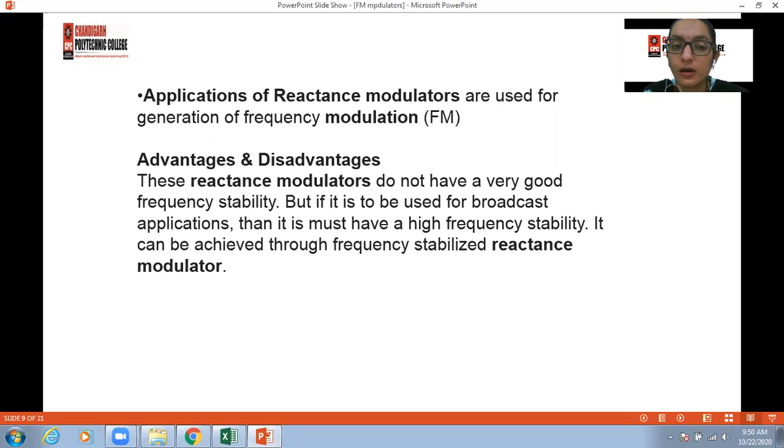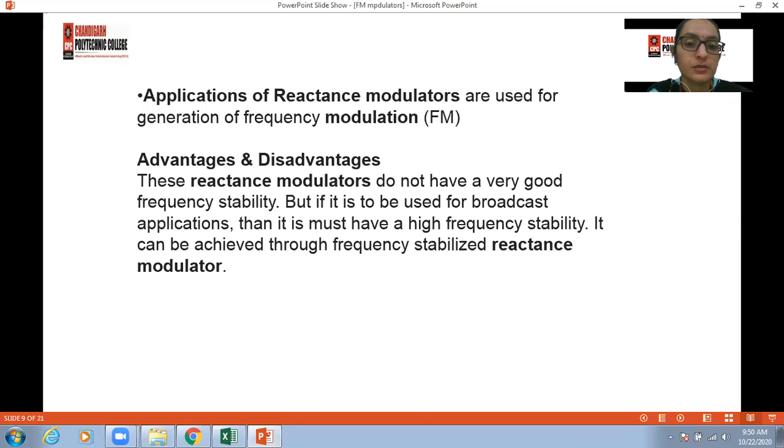A disadvantage is that it does not have good frequency stability, but if it is to be used for broadcasting applications, then it must have very high frequency stability.